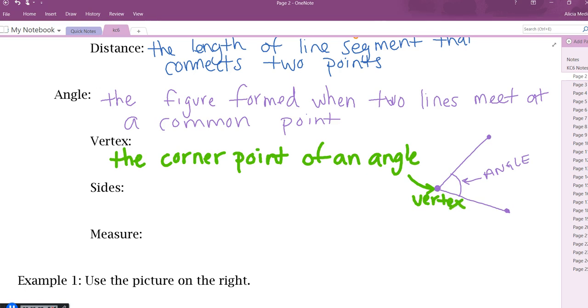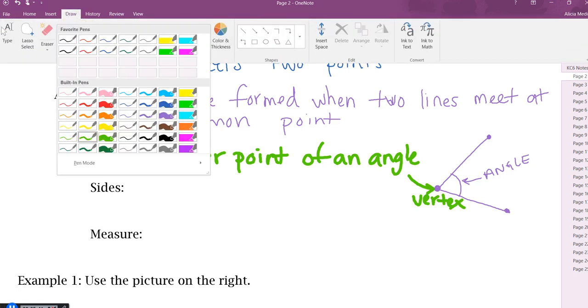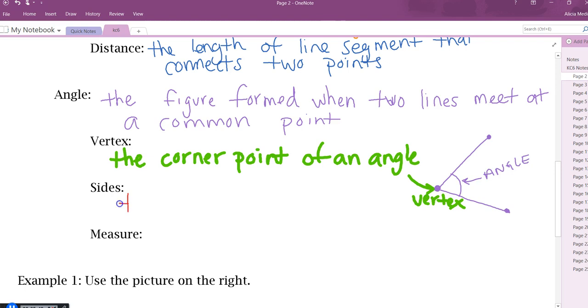And then the sides. So the sides are the sides of my angle. So these are going to be the two lines. So again, this right here is a side. This right here is a side, right? It's the side of the angle.